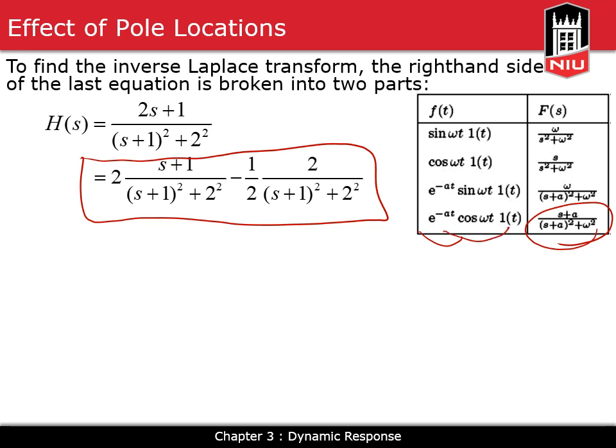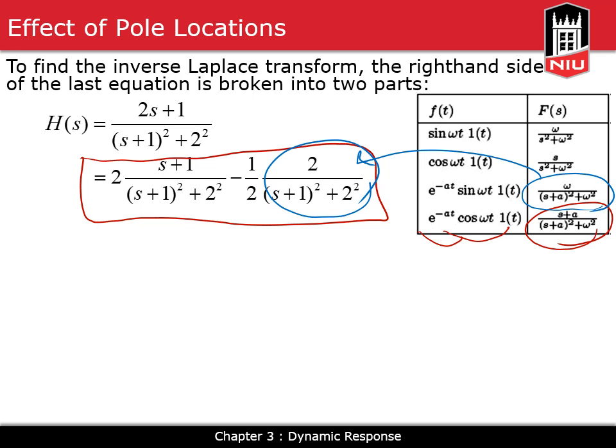Similarly, for the second piece, the second fraction that you can see there, 2 over s plus 1 squared plus 2 squared, you can take a look at this other line in the table of Laplace transforms, omega over s plus a squared plus omega squared. If you compare this with this right here, you can see that a must be equal to 1 and omega equal to 2.